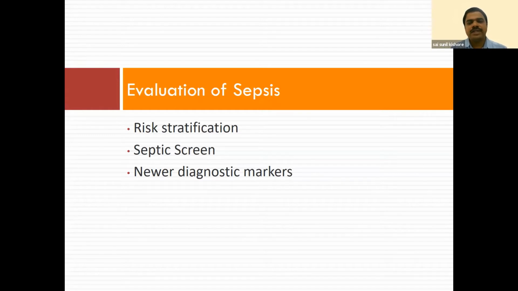First, coming to the evaluation of sepsis: how to stratify the babies based on the risk for sepsis. This pertains to early onset sepsis, which occurs in the first 48 hours of life. The second aspect will be on septic screen and some of the newer diagnostic markers.